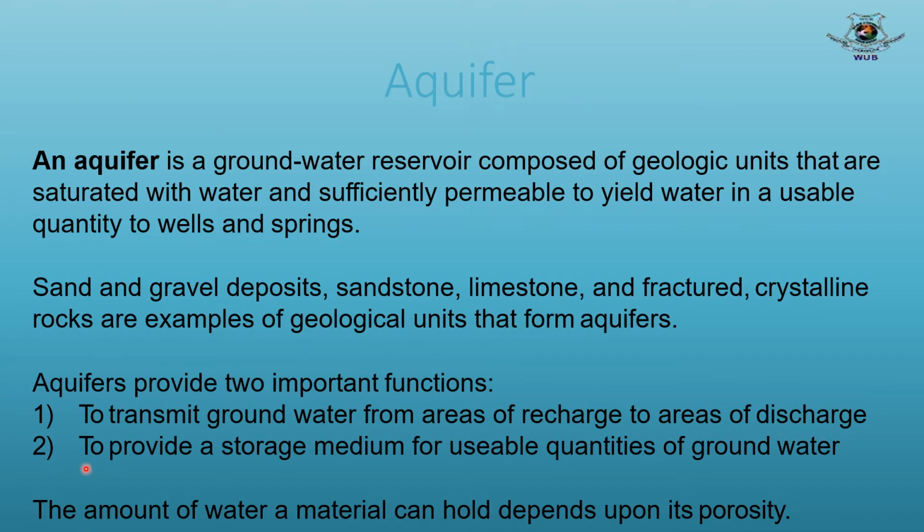Then, to provide a storage medium for usable quantities of groundwater. From the definition we have seen that an aquifer is an underground reservoir, so it will work as a storage medium too. The amount of water a material can hold depends upon its porosity.